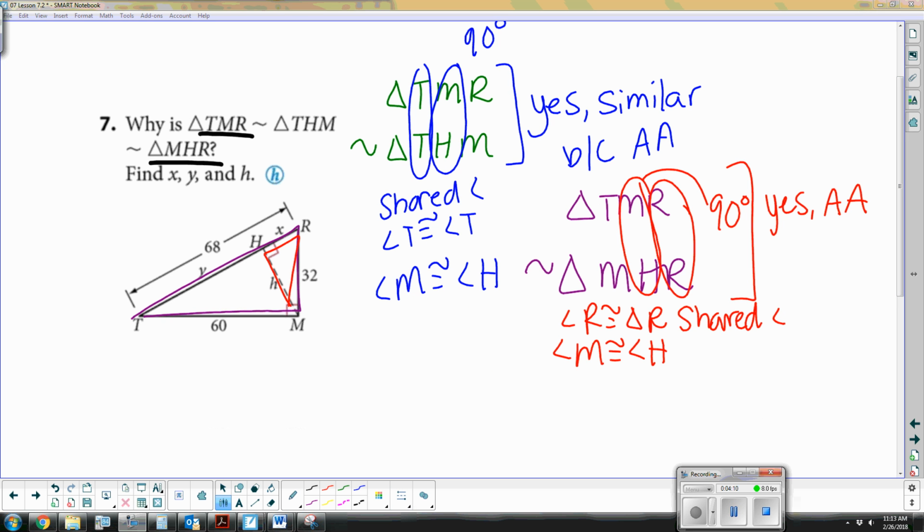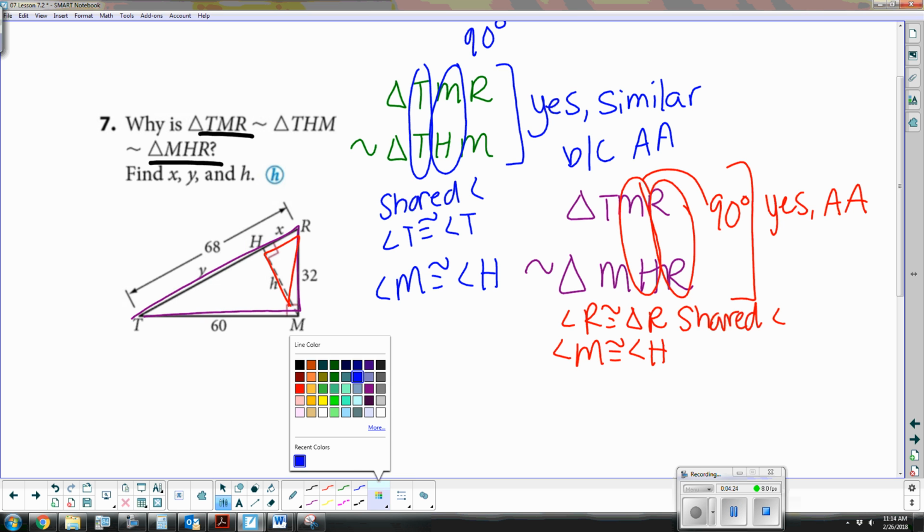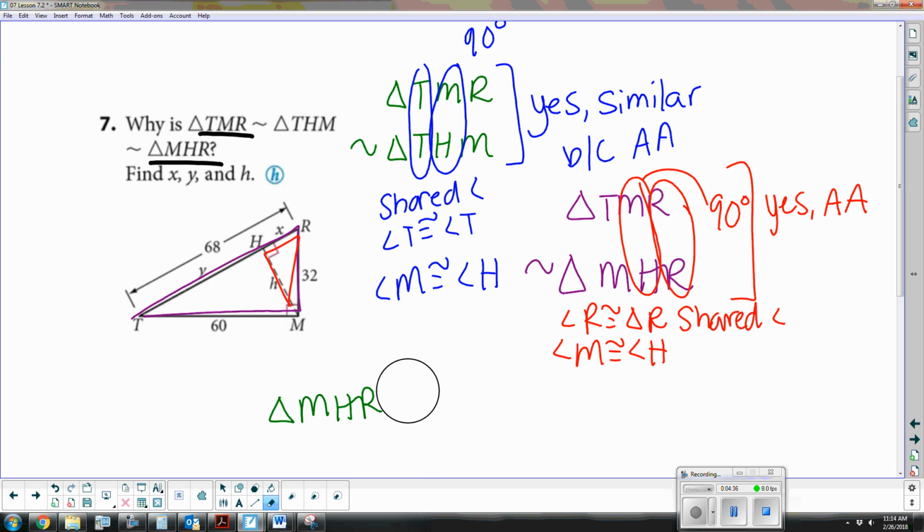Now that we know that TMR is similar to MHR and TMR is similar to THM, we can say that all three are similar. We can say that MHR is similar to THM because of the transitive property.